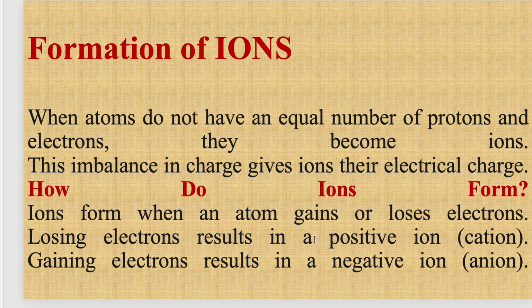When will you be able to form a positive ion? When you are losing electrons. And anion you can remember with onion, because with onion you can start crying when you are cutting onions. So we can say that this is a negative ion. And how is a negative ion formed? When gaining electrons.